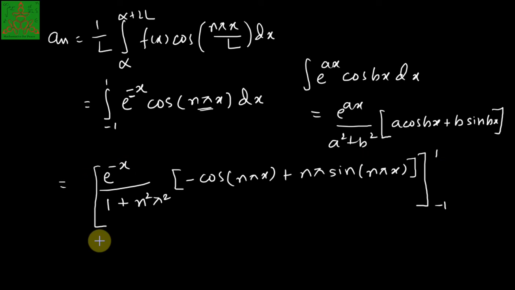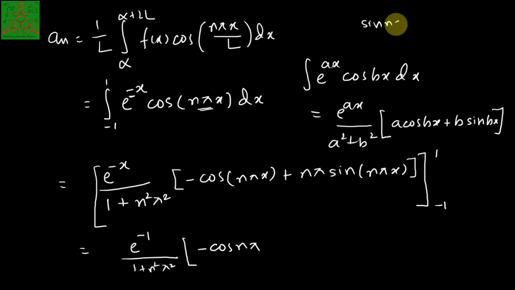Now when you substitute 1 here, it is e power minus 1 upon 1 plus n square pi square. Inside bracket what is left, let us see that. Let's substitute x is equal to 1 here, this is minus cos n pi, and sin n pi is there. Sin n pi will be 0 for n belongs to integers.